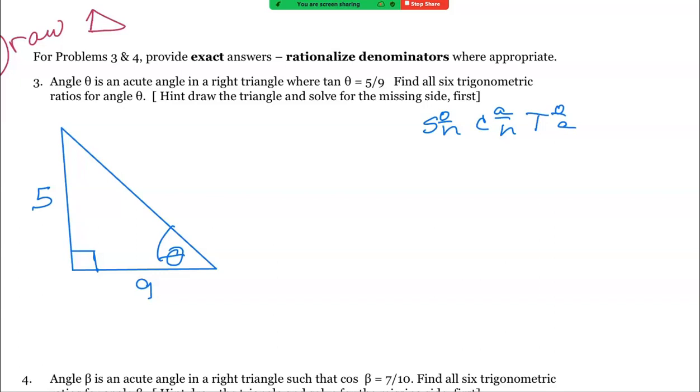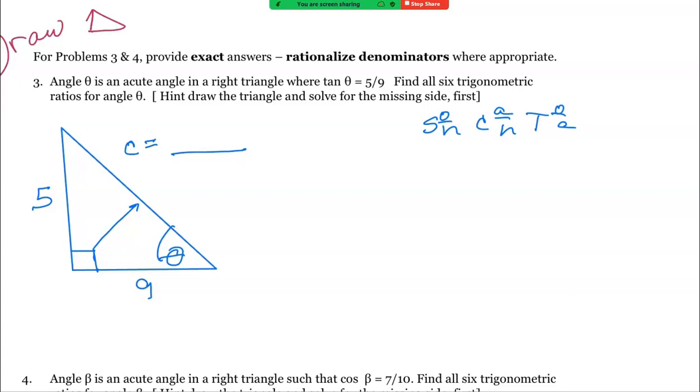All right, this says find all 6 trig ratios, but before I even start, I have to get this missing side. This is opposite the right angle, so this is going to be the C side. Okay, so given that, what am I going to do?